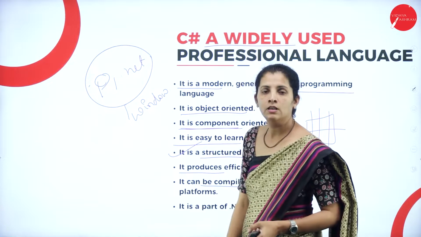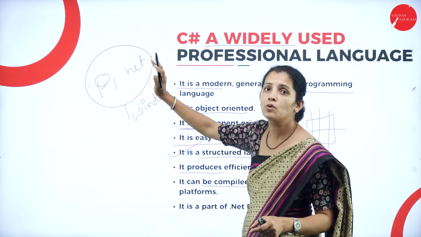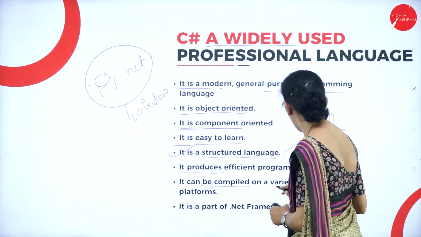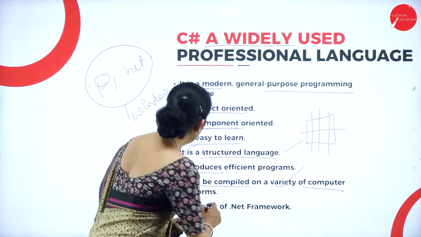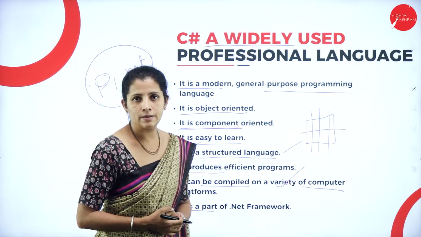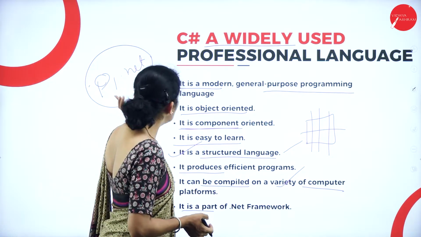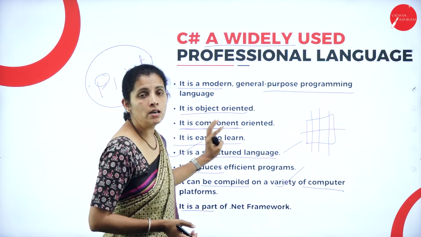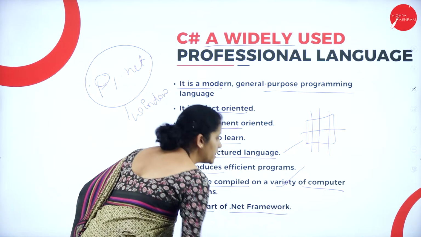Now, if I copy the same program and run it on some other platform, then it is called a variety of computer platforms. Then it is a part of the .NET framework. That means to run my C# program, I require some platform, and that is nothing but the .NET framework.